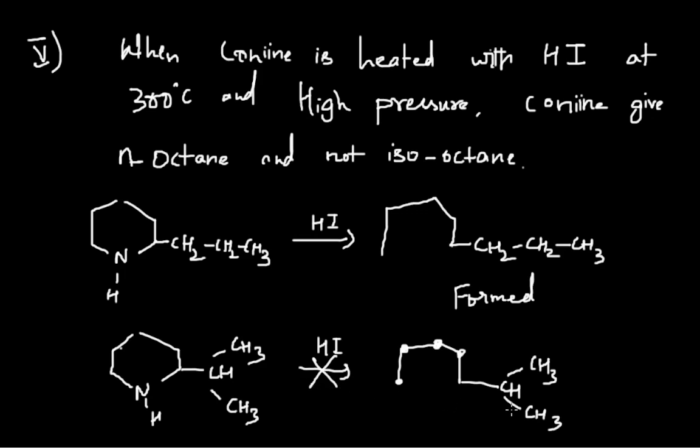Okay, so the structure of coniine therefore is assigned to n-propyl piperidine.